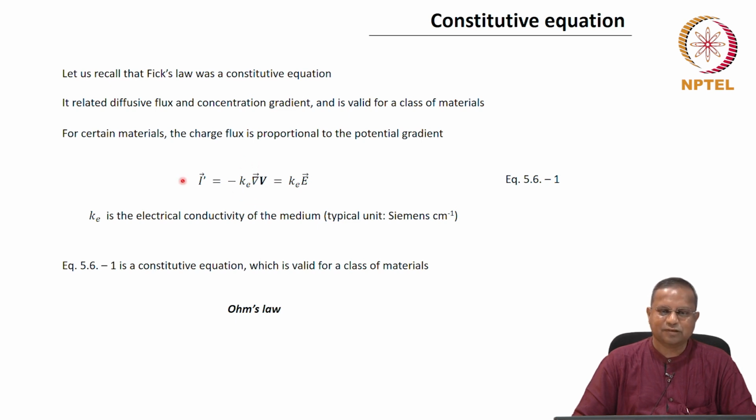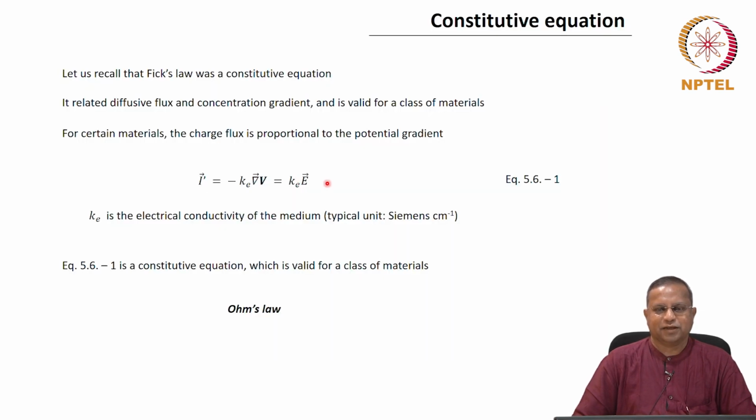So this is the same form. Only thing is that in the Ohm's law that you are familiar with, your current is charge per time. Here it is charge flux, so charge per time per area, and you have it of this form there. Ohm's law is nothing but a constitutive equation for the charge flux situation.